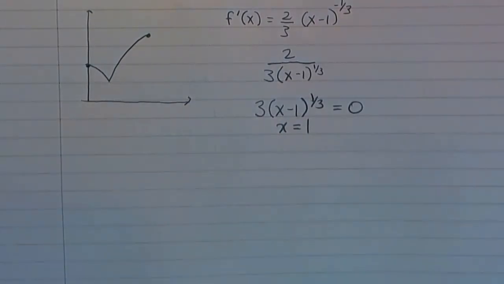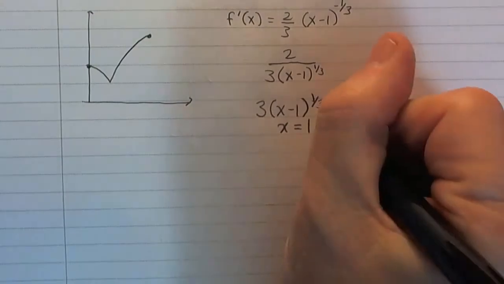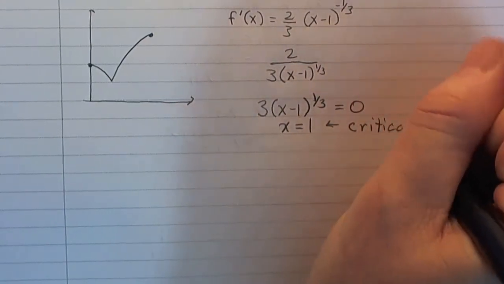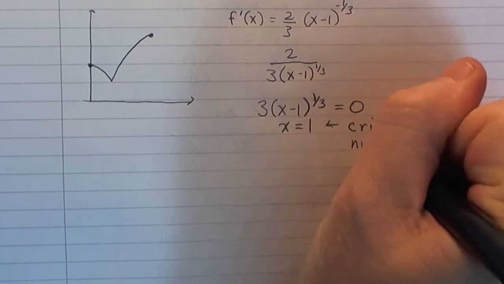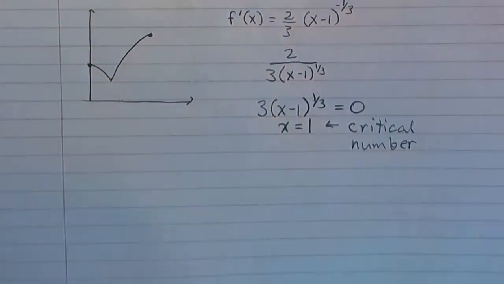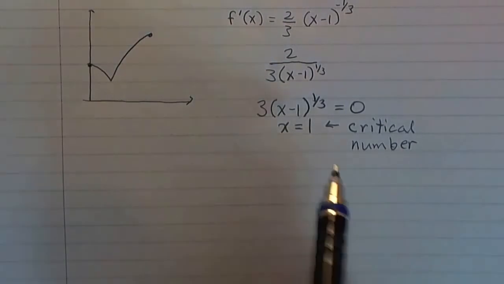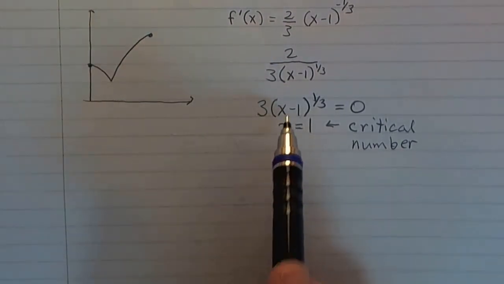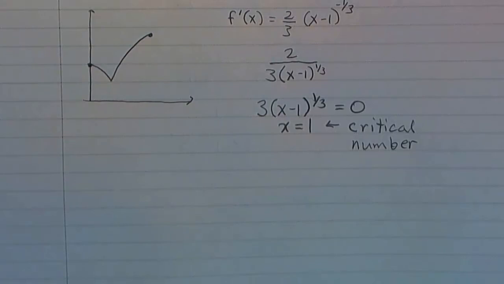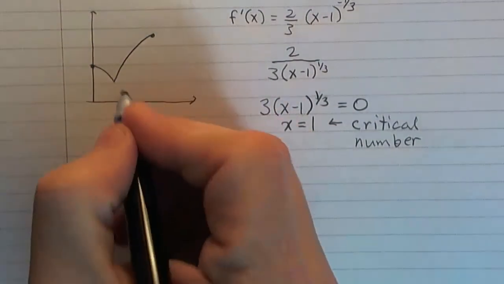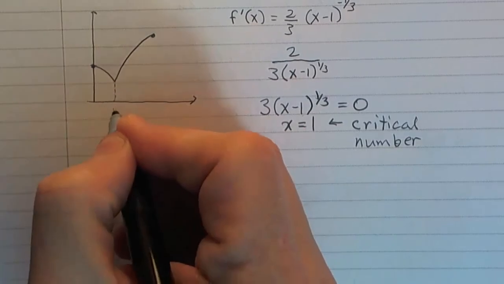So this is a critical number. I didn't get a critical number from where the derivative is 0, because the derivative is never 0. However, it is undefined at x equals 1. The derivative doesn't exist there. So now I've got my critical number.